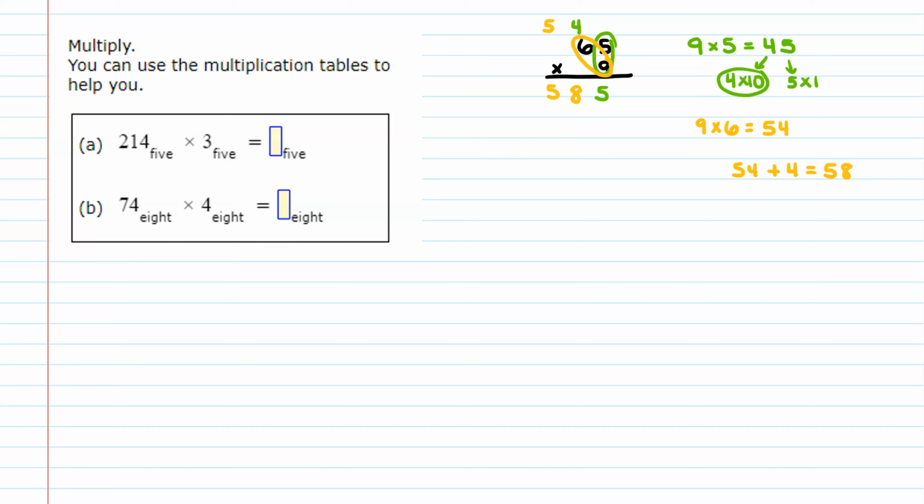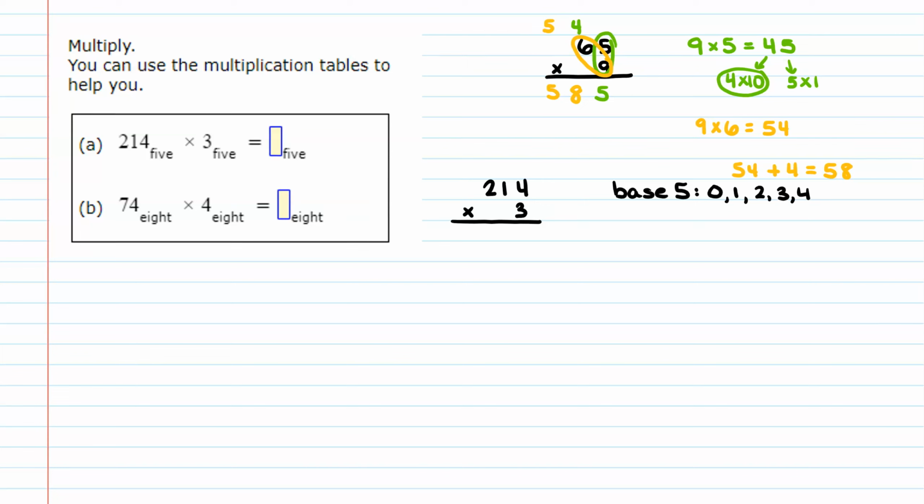So let's take 214 times 3, and that's in base 5. So the allowed digits in base 5 are 0, 1, 2, 3, and 4.